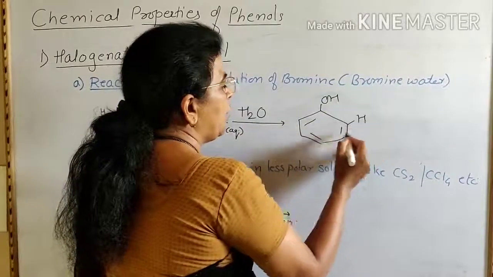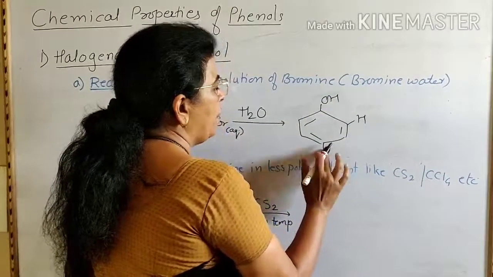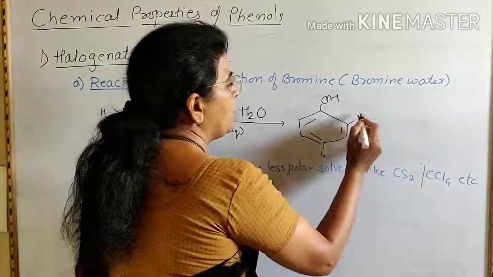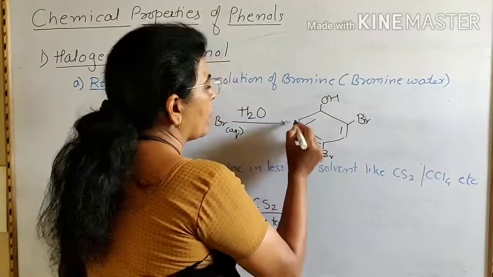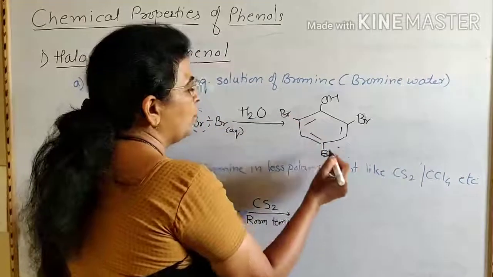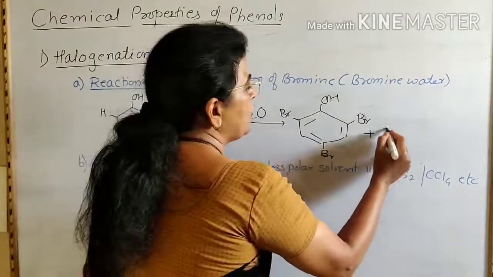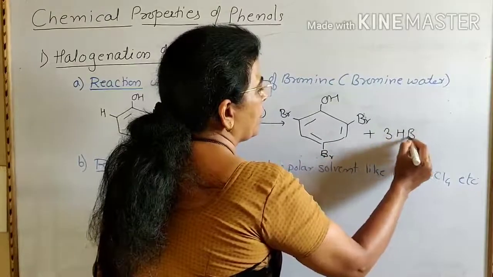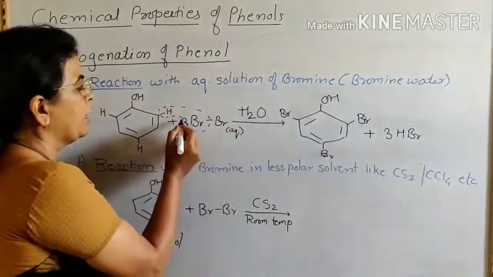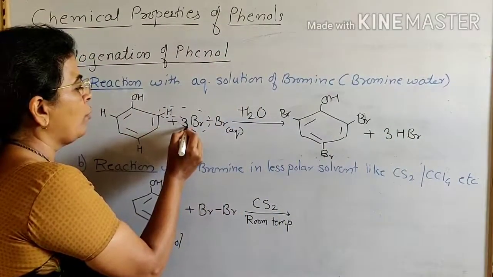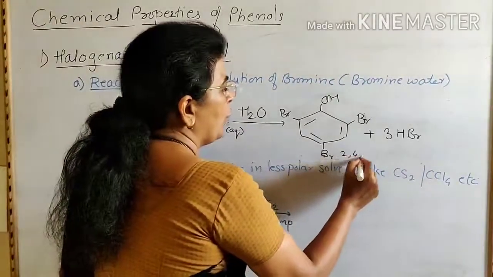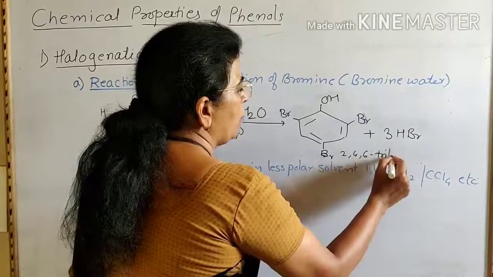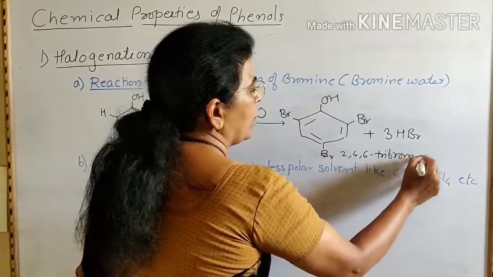All these three hydrogen atoms from ortho and para position are replaced by bromine to form 2,4,6 tribromophenol plus 3 molecules of HBr. Therefore, we have to take 3 molecules of Br2. Here it is 2,4,6 tribromophenol.